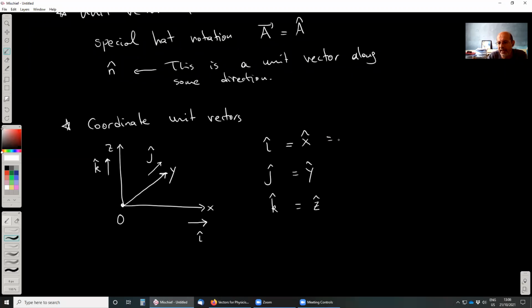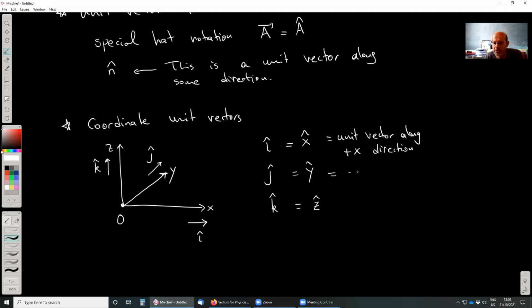So that's the unit vector along plus x direction. We have just a special name for the unit vectors along these three special directions. Whenever we have a coordinate frame, a reference frame defined, people use these names for these three special directions.